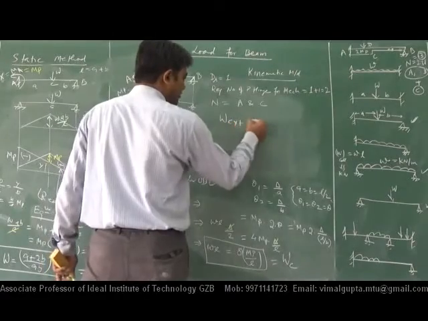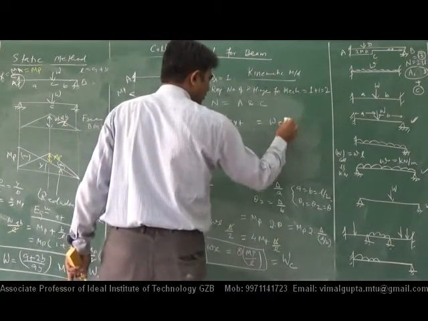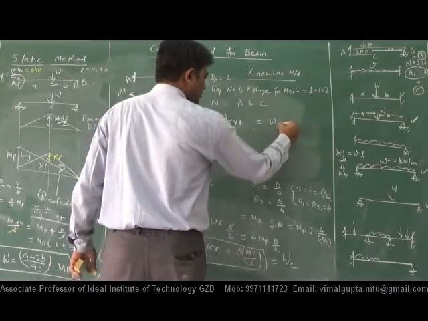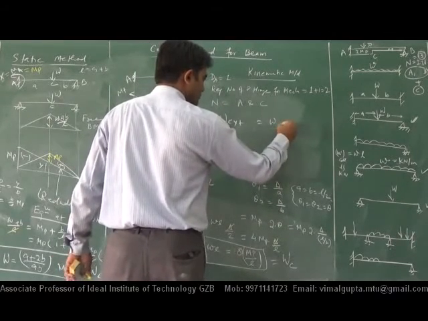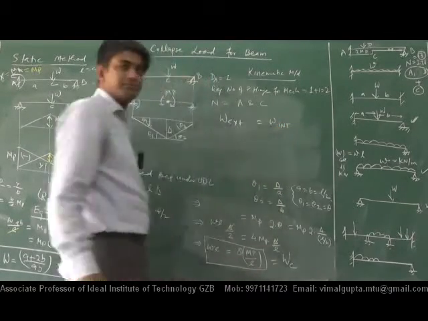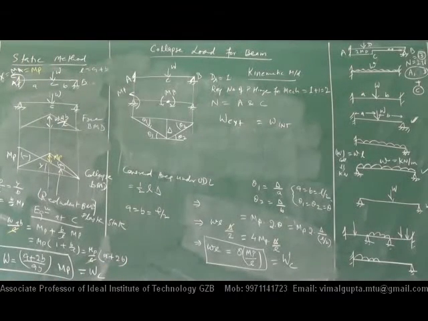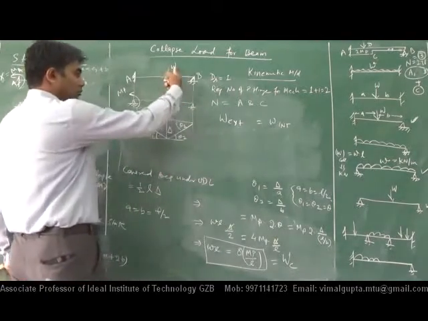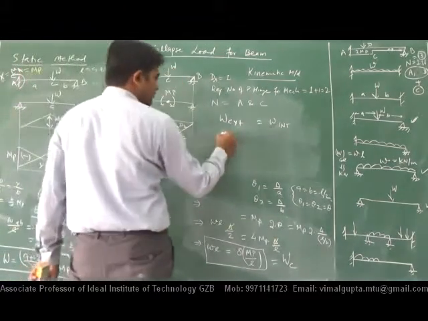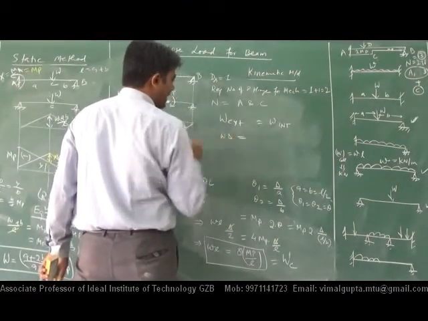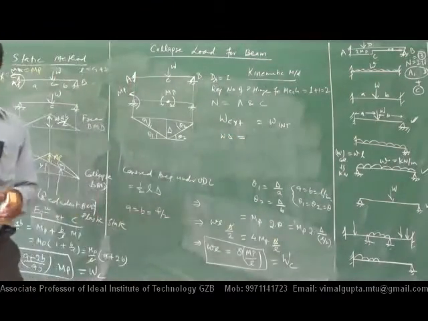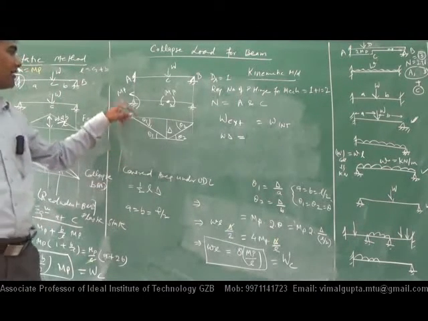W external equals W internal. What will W external be? W multiplied by delta. And what will be the internal work done?